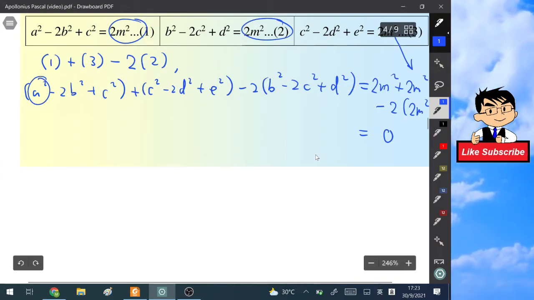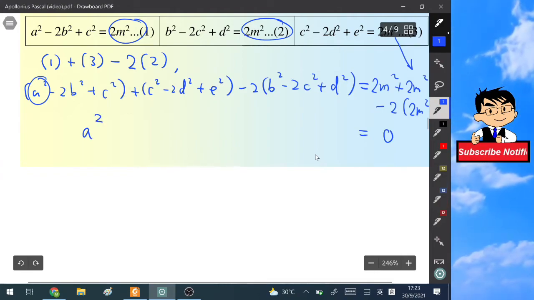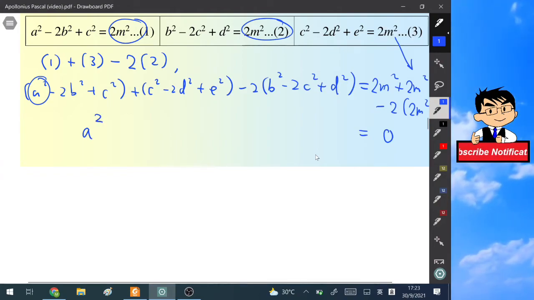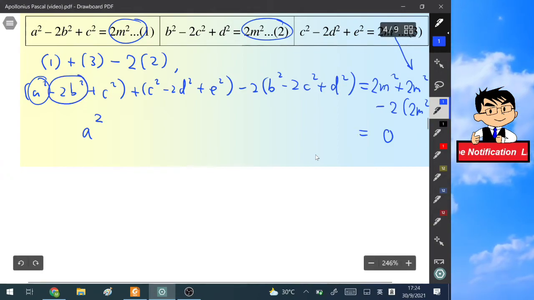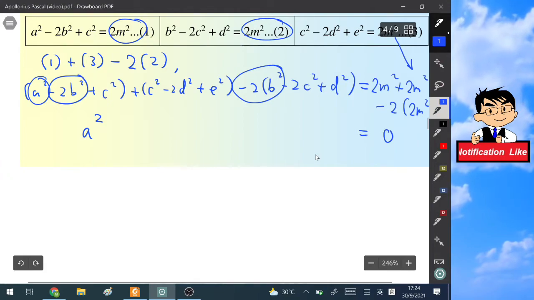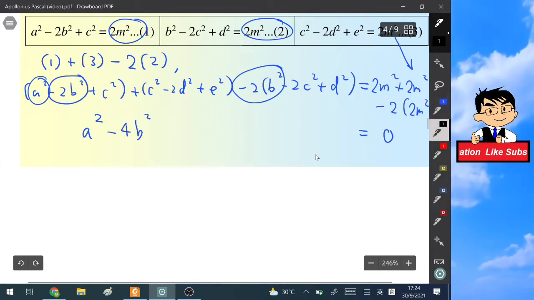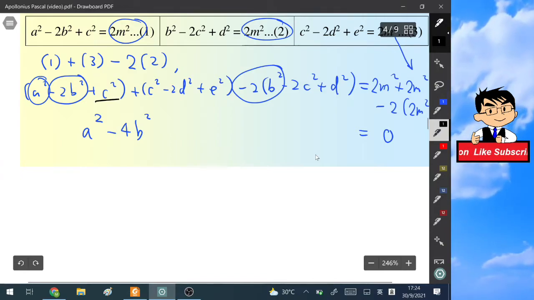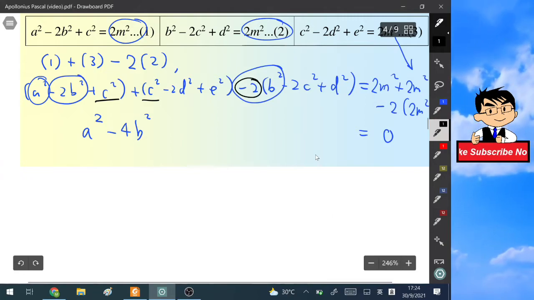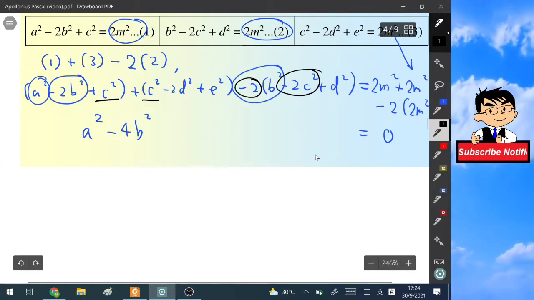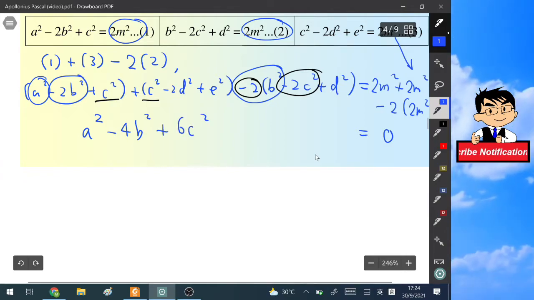We have a squared, which is still here, and we have minus 2b squared here, and then we minus 2b squared again, so we are minus 4b squared. And for the c squared, we have c squared here plus c squared, and then we have negative 2 times negative 2c squared, which is plus 6c squared.